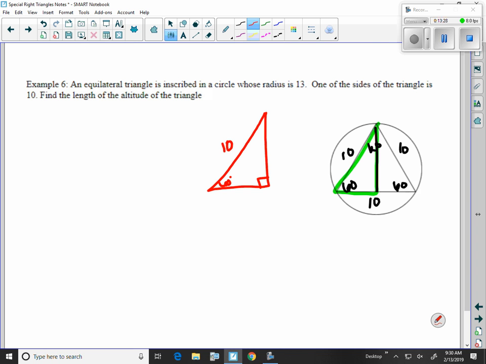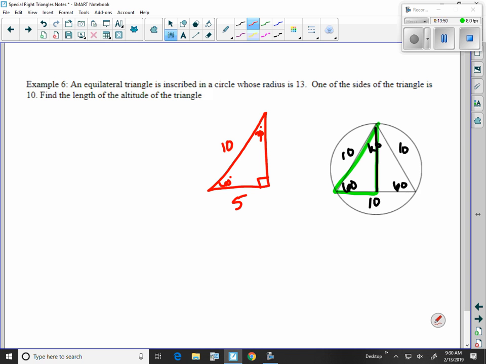What's this measurement down here? 5. Okay, because the altitude cuts that base in half. So that would make that 5. Now, here, I cut my 60-degree in half, meaning this is 30 degrees now.